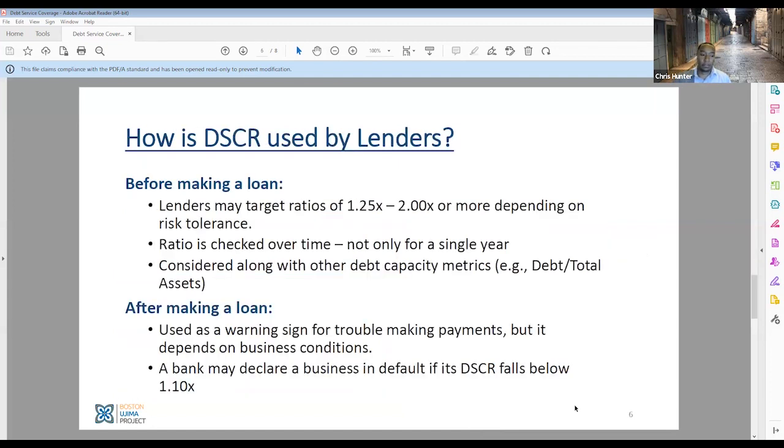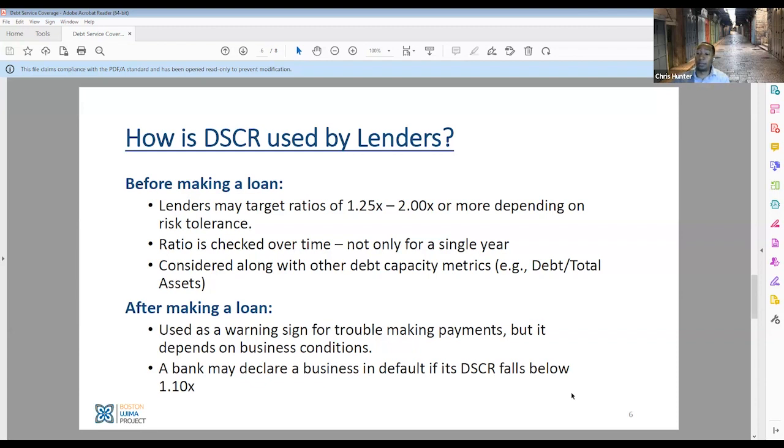So when thinking about the lender perspective, maybe there's a few other things that are important. A good debt service coverage ratio is really about the risk and how much tolerance one has for risk. You know, a baseline might be that 1.25 because there are other things like taxes and needing to have the owners take a little bit of money out of the business that might be worth considering.